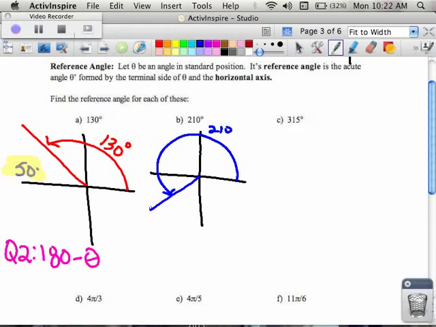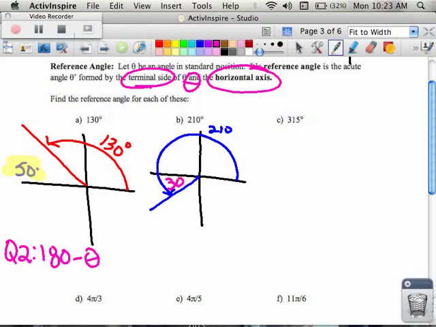Or in other words, inside of here. So this reference angle is 30 degrees. It's always between the terminal side and the x-axis. Terminal side, x-axis, monkey in the middle. Don't forget that. That's really important.